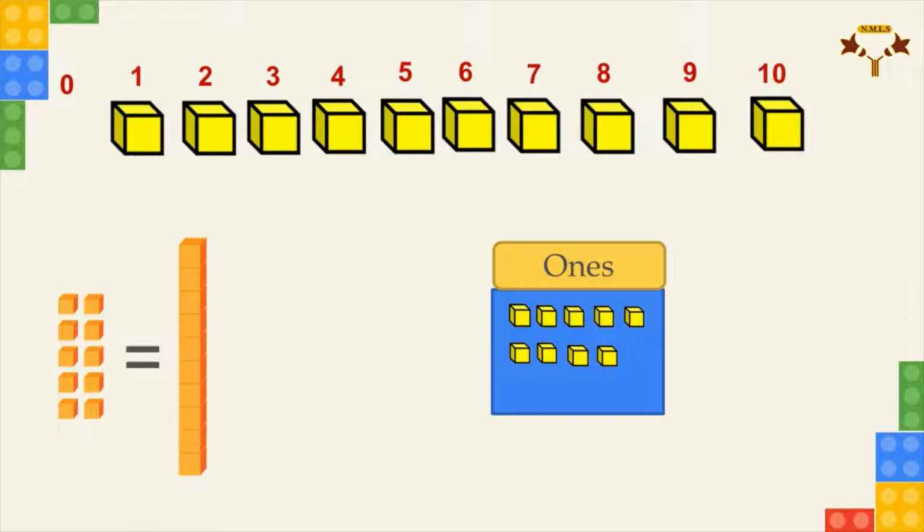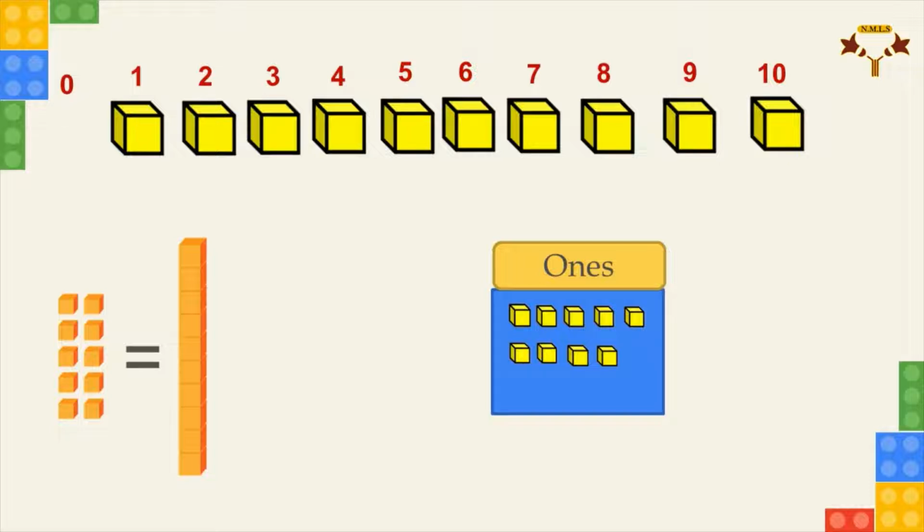Can I put 10 squares in the ones place? No, because in the ones place I can put only one digit. But here, look at number 10. Number 10 has 2 digits.